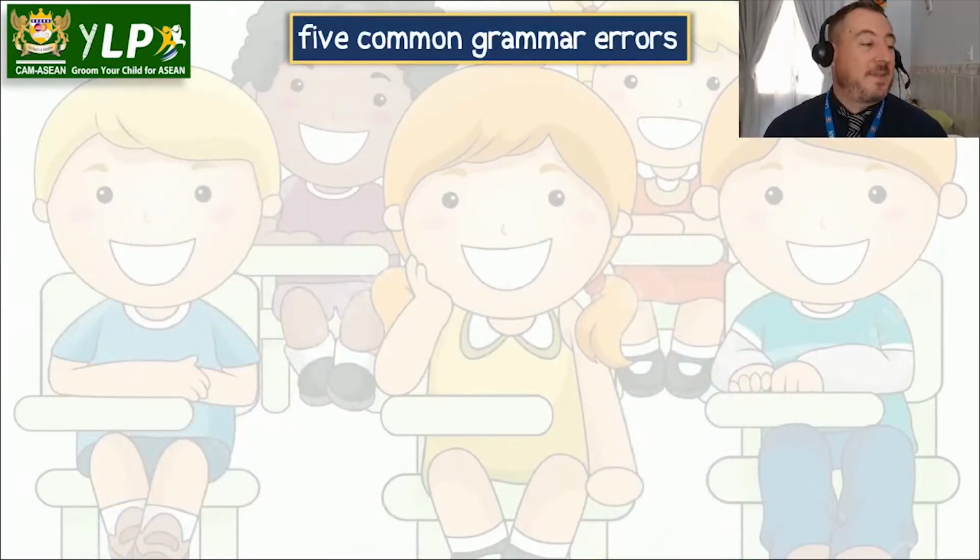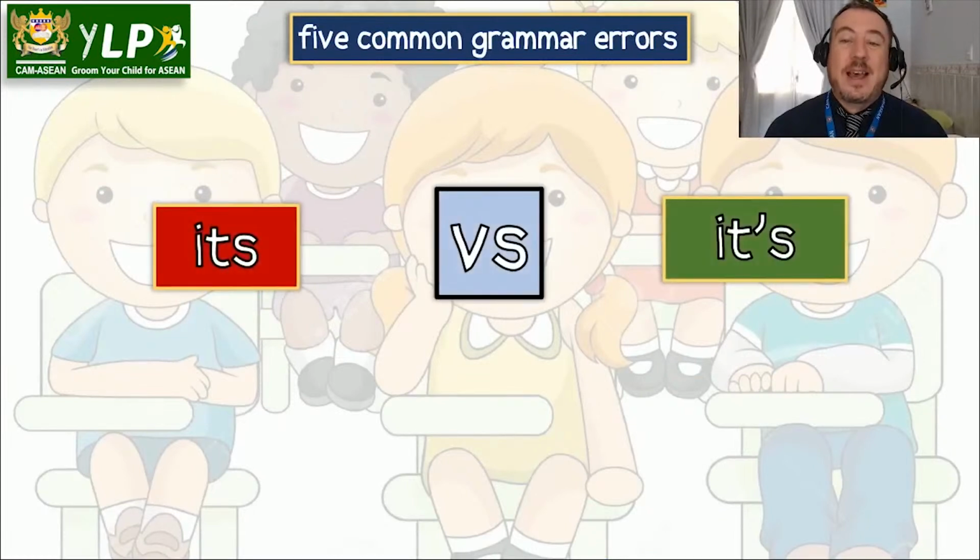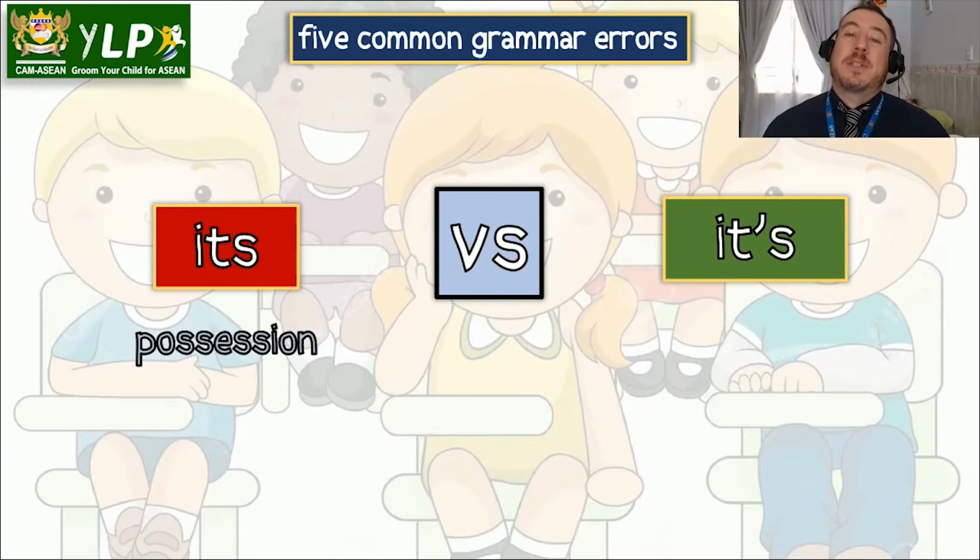Right, let's look at the difference between "it's" and "its". It sounds the same. Okay, so the red "its" there, we use that again when we talk about possession. Okay, but this time it's not a possession that belongs to you.